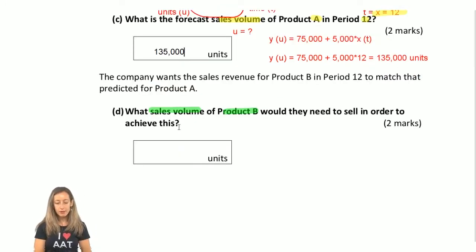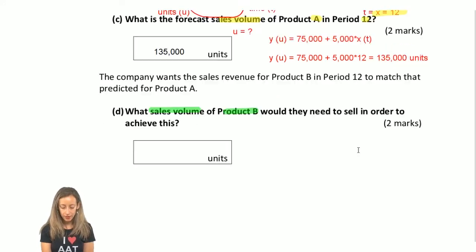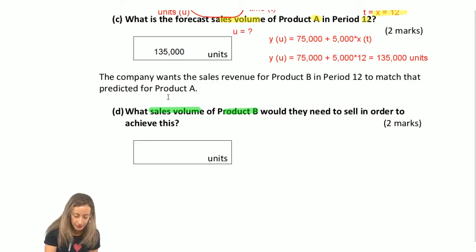And okay, now if that's the case, what do we do here? To find out what sales revenue of product B they need to make, we need to know what sales revenue they would have generated from product A. And then having got the sales revenue from that, we can then calculate the number of units, the sales volume of product B. So if we're looking for the sales volume, we have to remember the basic idea.